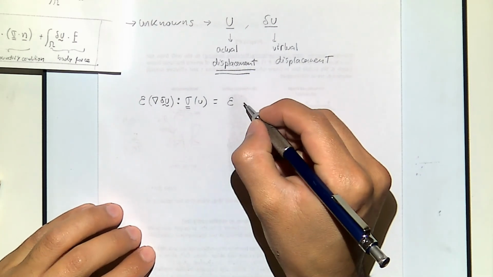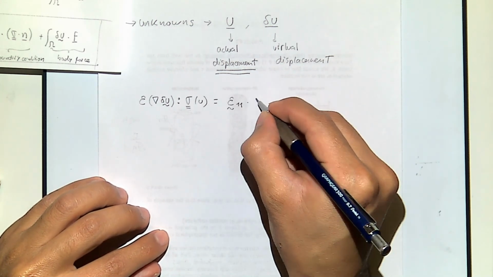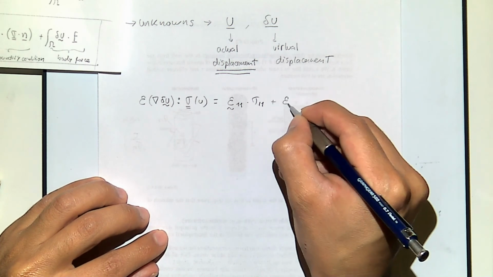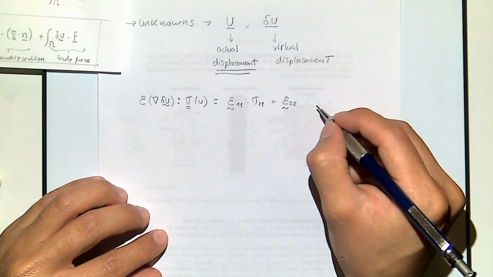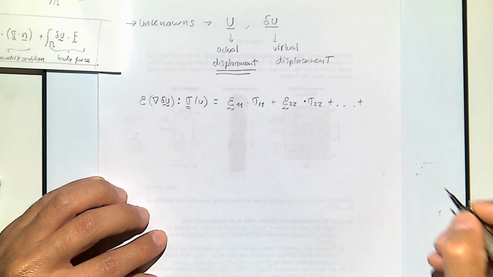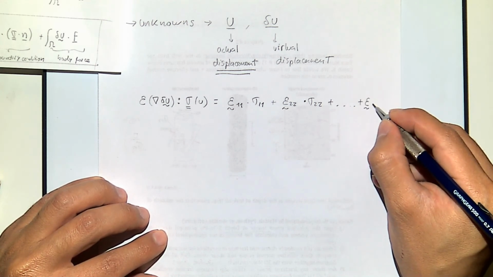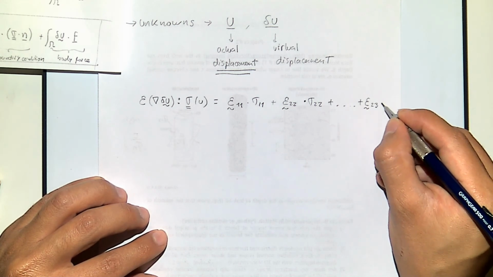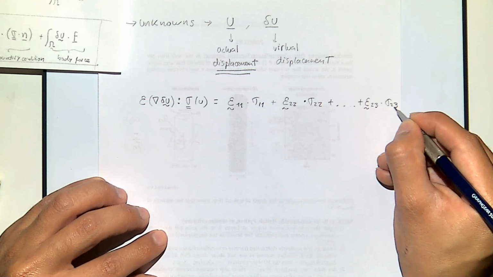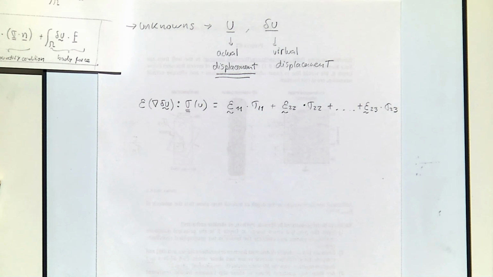So, in this one, for example, it's going to be the virtual strain epsilon 1,1 times sigma 1,1 plus the virtual strain epsilon 2,2 times sigma 2,2 plus and so on until you get to, let's say, the shear epsilon 2,3 times sigma 2,3. So you go through every single element of the matrix, you add all of those up, and this is that tensorial product.